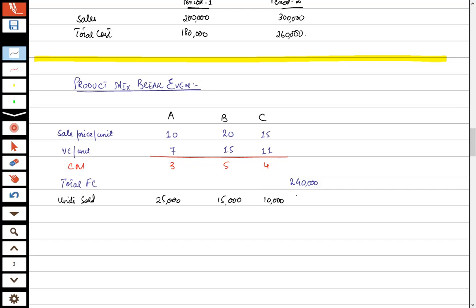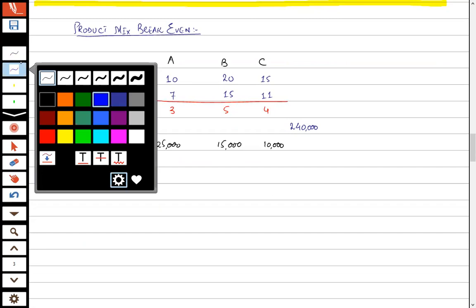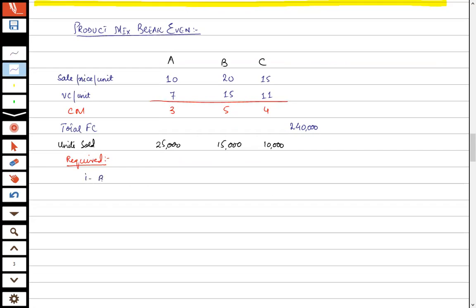Then now we have to calculate what is required. Basically, the required is, number one, break even point sales and units.